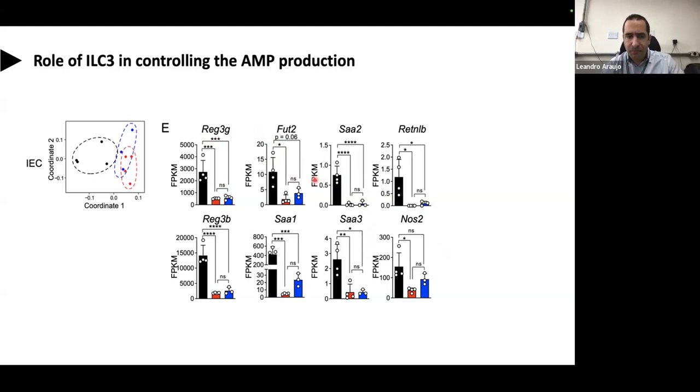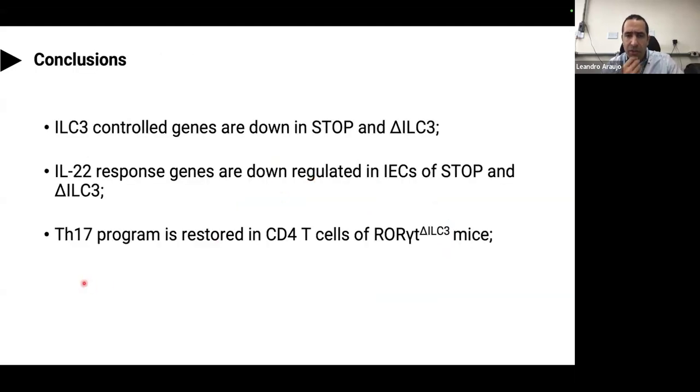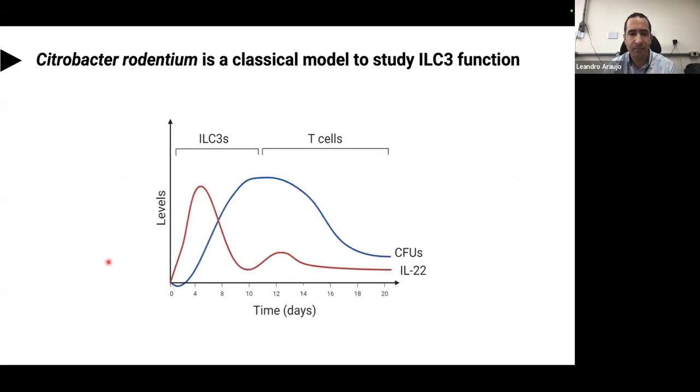So basically, the conclusions are that ILC3-controlled genes are down in the stop and delta ILC3 mice. IL-22 response genes are downregulated in the IECs of stop and delta ILC3 mice. And the Th17 cell program is restored in the CD4 T cells from the ROR gamma delta ILC3 mice.